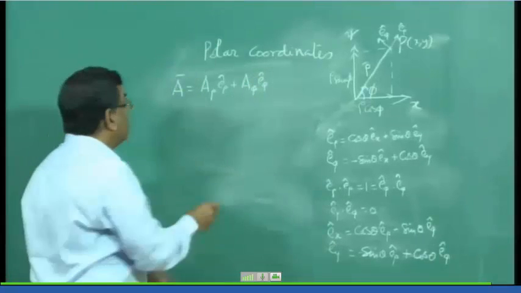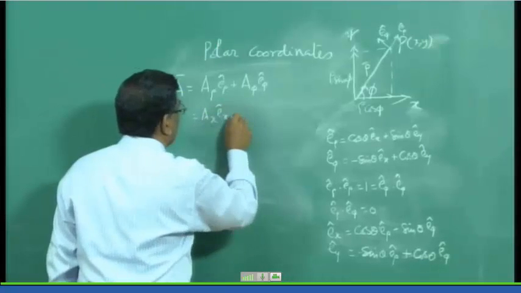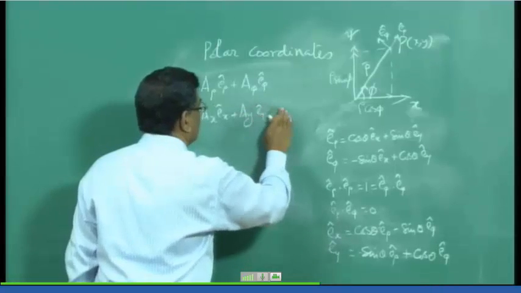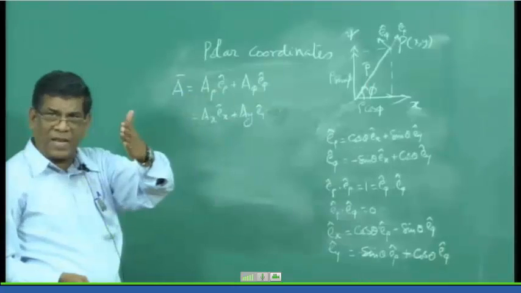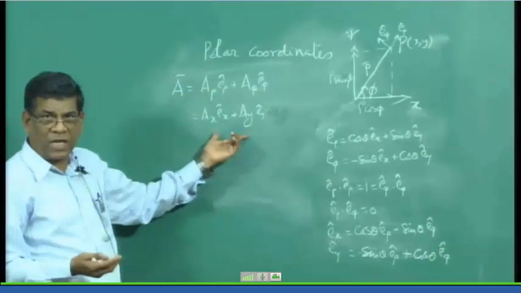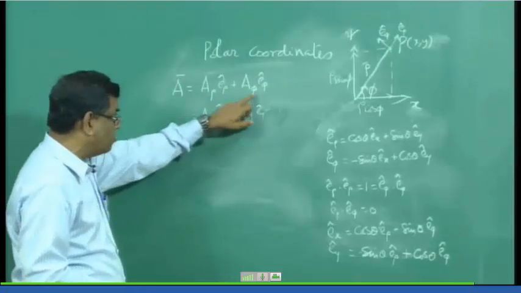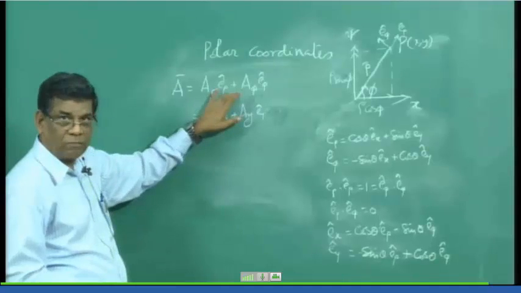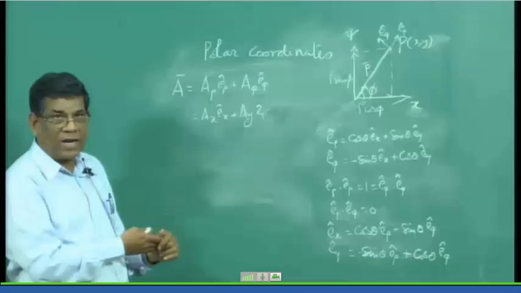This is the normal way we write, for example, Ax Ex plus Ay Ey in the two-dimensional case. This Ex Ey is your familiar i j; instead of i j, I am using Ex Ey. So you can write it in terms of E rho, E phi also. Both are the same vector, except that the components are different because I am using a different coordinate system.